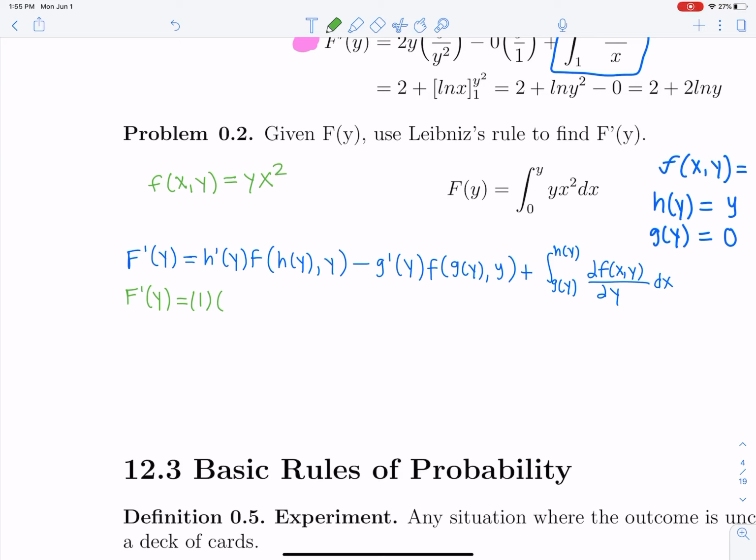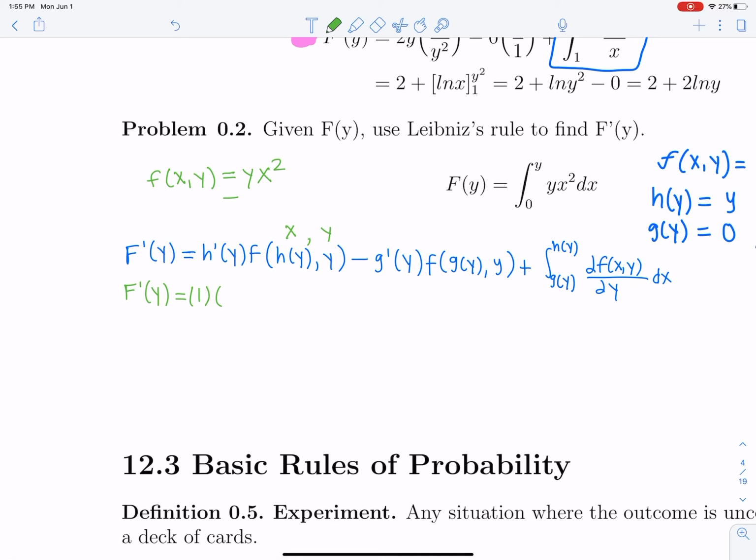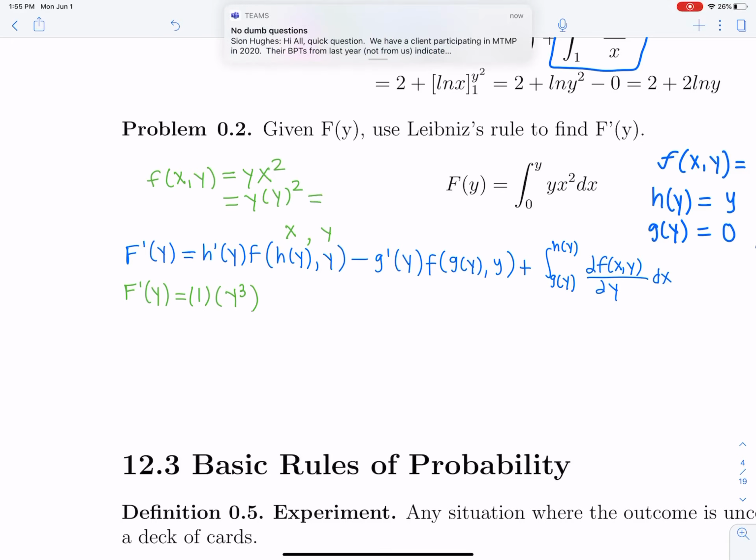So we're just plugging in, that's x and that's y. We're plugging in h of y for x. So h of y is just y. So we'd have y squared. And we're plugging in y for y. So we would still have y there. And that would give us y cubed.